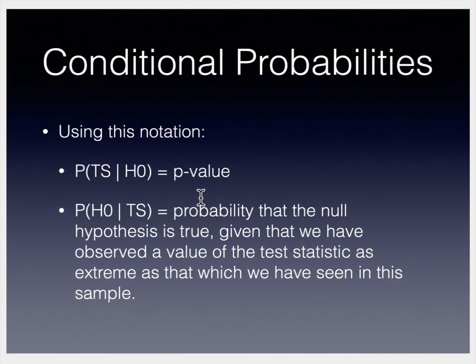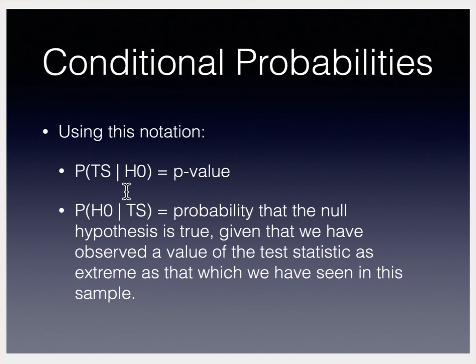Using this notation, the p-value is defined to be the conditional probability of observing a value of the test statistic at least as extreme as that which has been observed in the data, given the null hypothesis is true. On the other hand, this other conditional probability is the probability that the null hypothesis is true given an observed value of the test statistic.